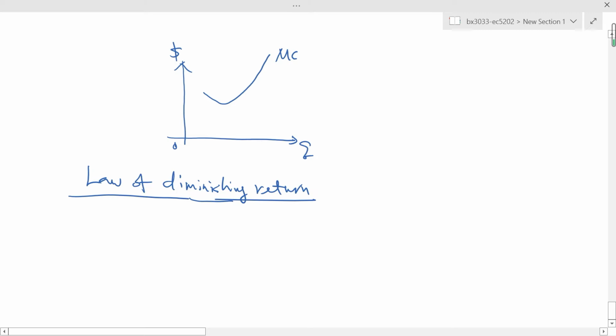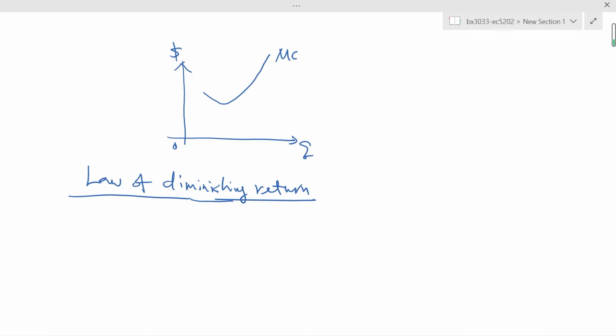Let's imagine that I'm running a coffee shop. I only have one coffee machine in my shop, and I'm going to add more and more workers into the shop. Eventually, I'm going to reach a point where the marginal product, the actual output from one more worker in the shop, will decrease.